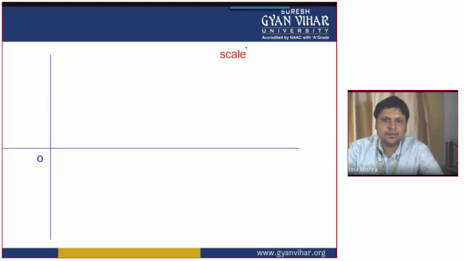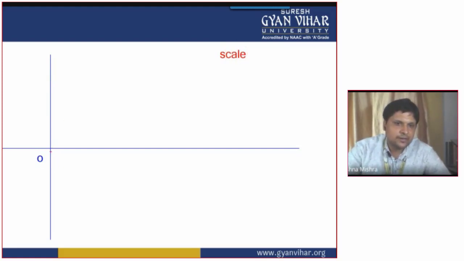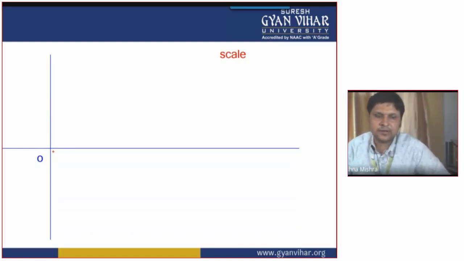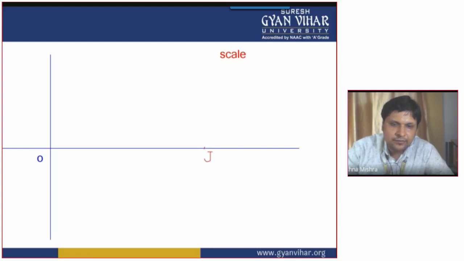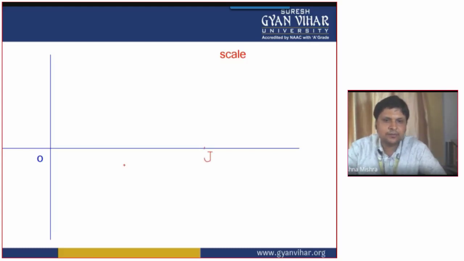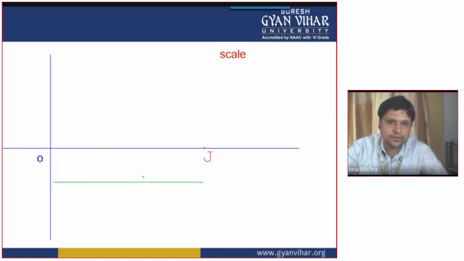After taking the scale, we have marked the distance equal to stress. Whatever is the stress value, we have converted it into centimeters, and that particular length we represent from this point O to, let's say, point J. This will represent the value sigma. All right, OJ is basically your sigma, students.